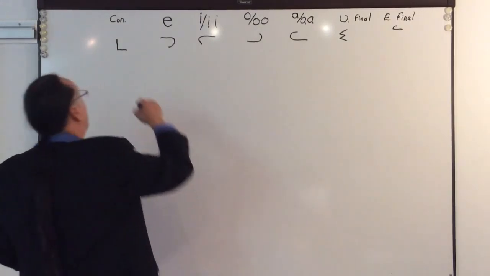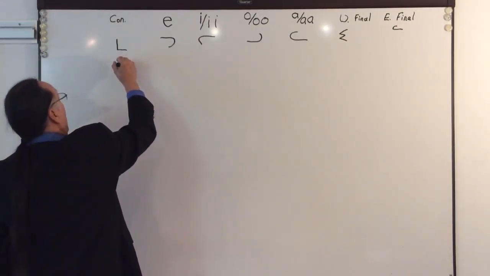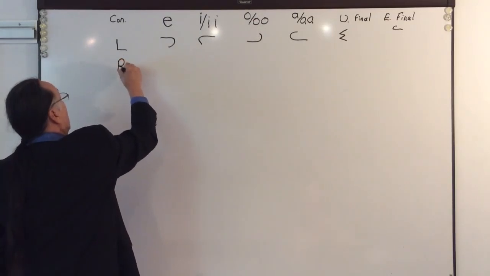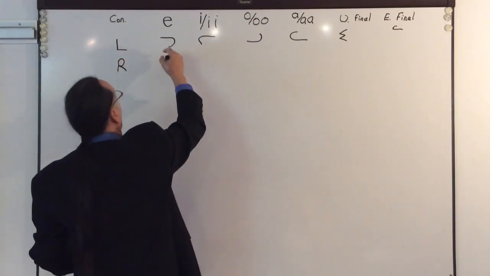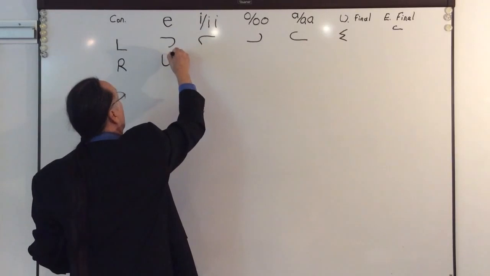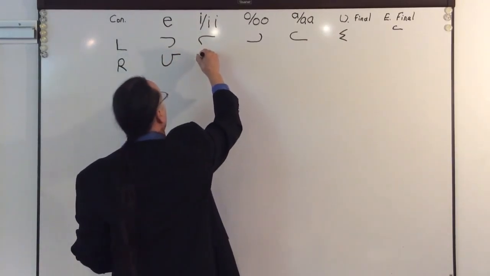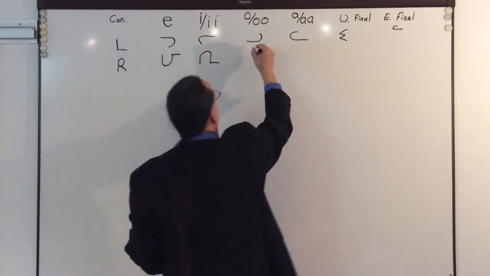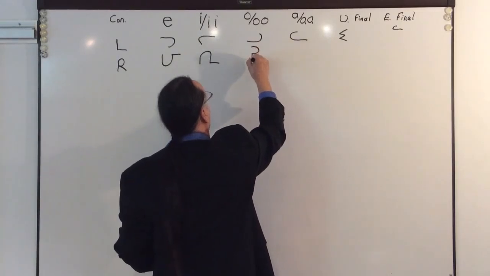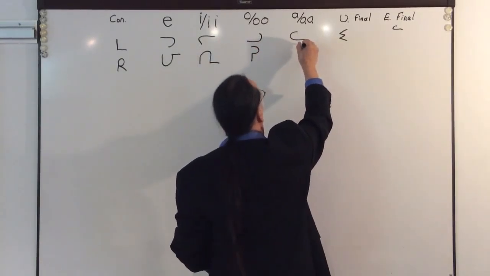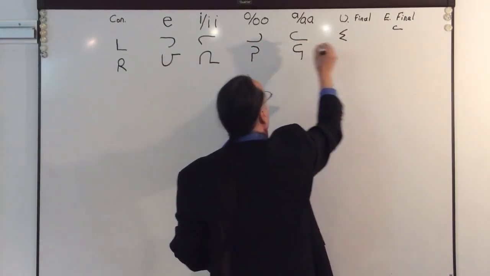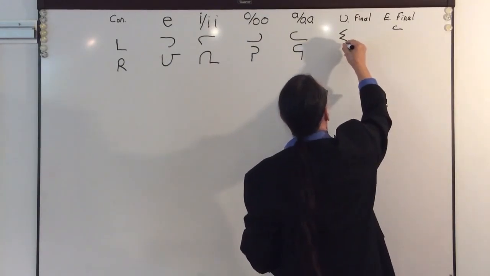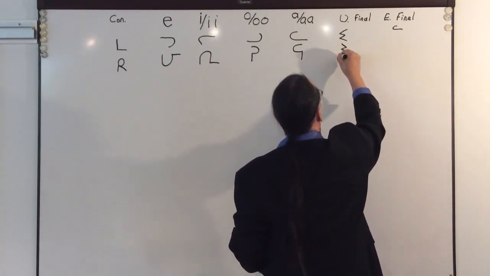All right, next is R. And R looks like this: re, ri, ro, ra. And the Western final looks like this.